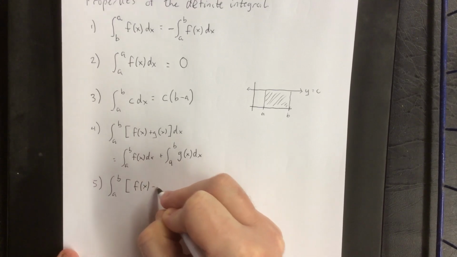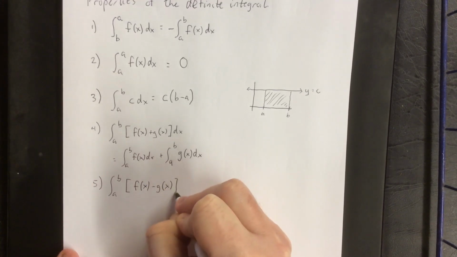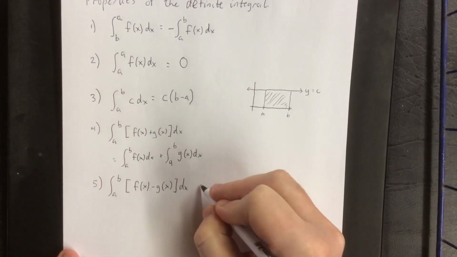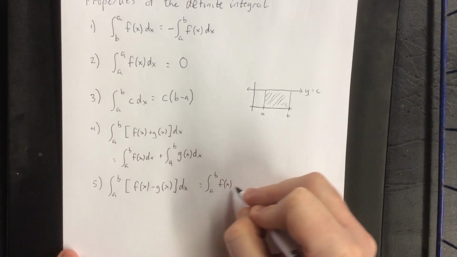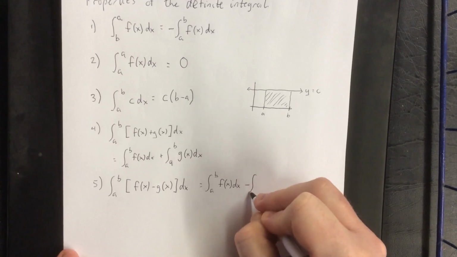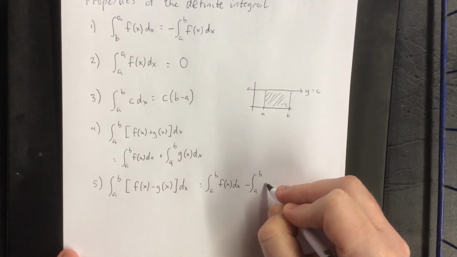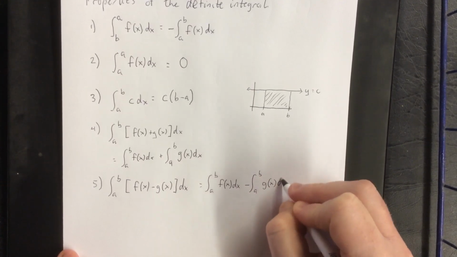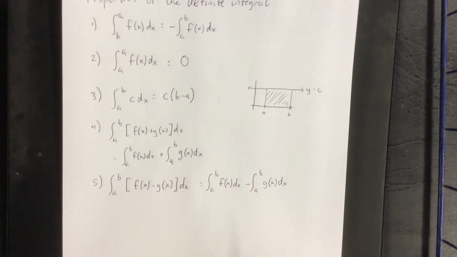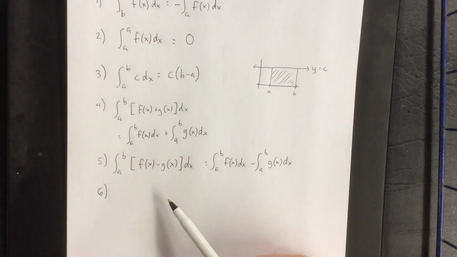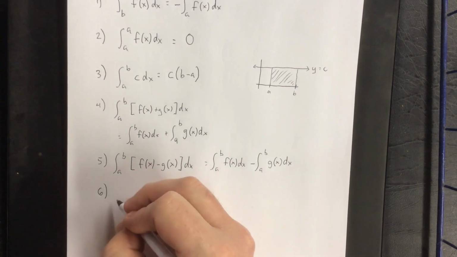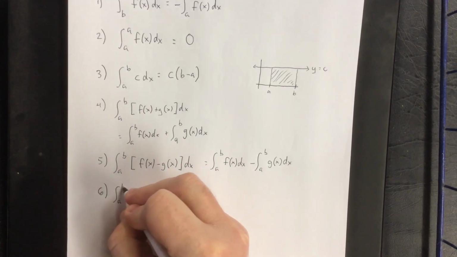So if we have f of x minus g of x, this can be expressed as the definite integral from a to b of f of x dx minus the integral from a to b of g of x dx. You'll notice that the last two rules look very similar to the rules that we have for derivatives. They are not unrelated.